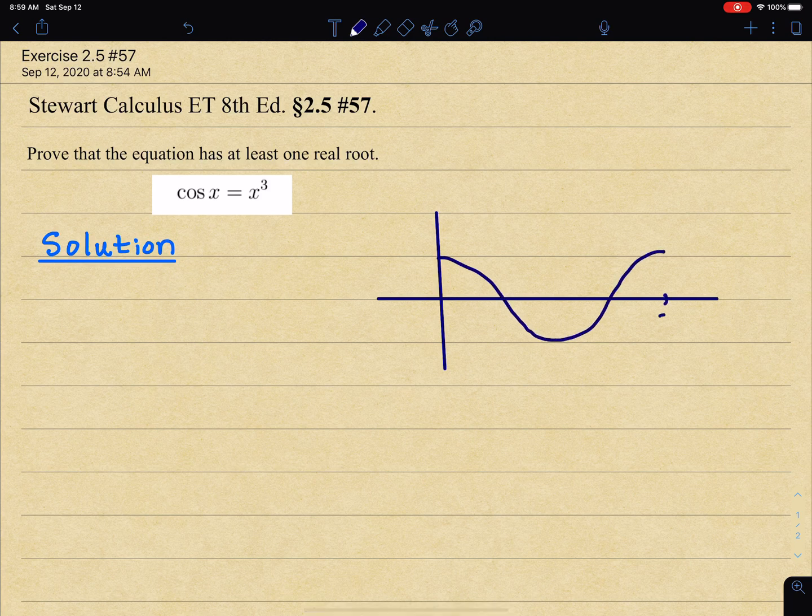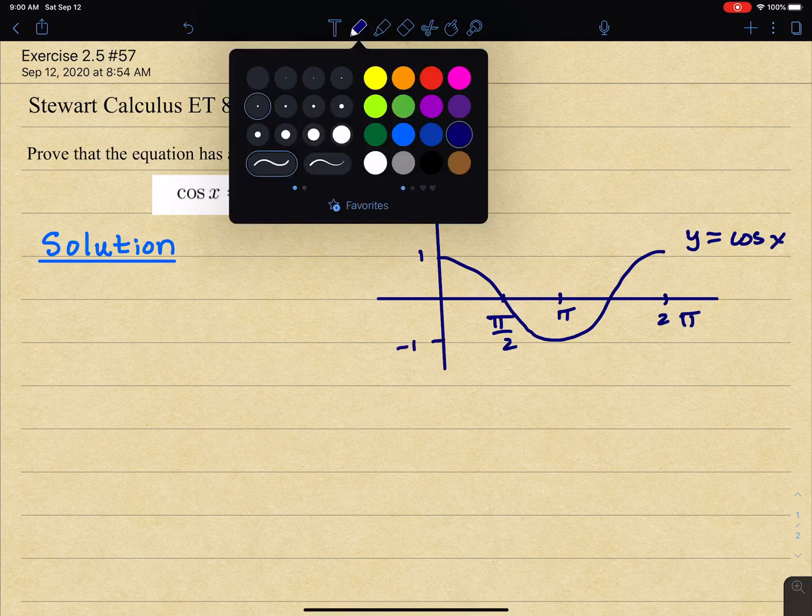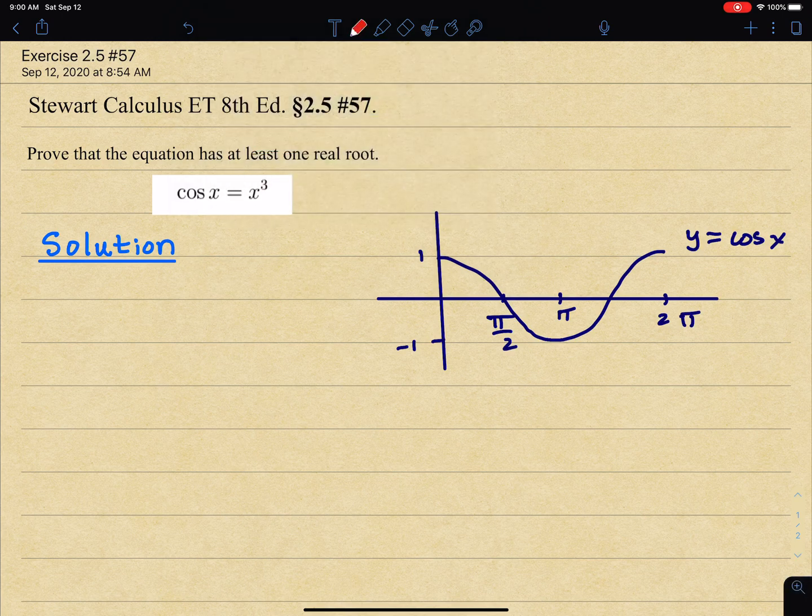There's no place where it says sketch the graph. But I can sketch the graph of cosine x pretty quickly because I took trig, and I can also sketch y equals x cubed pretty quickly.